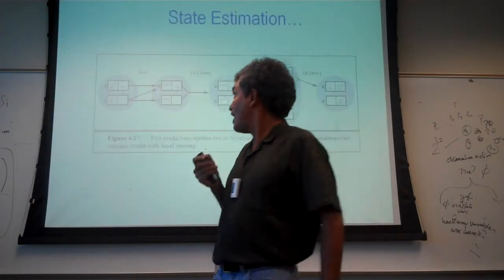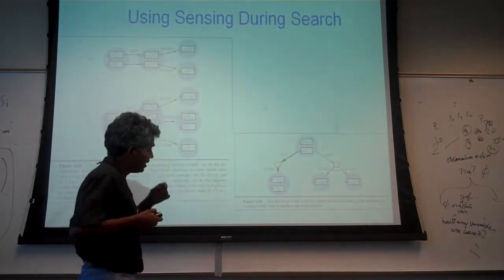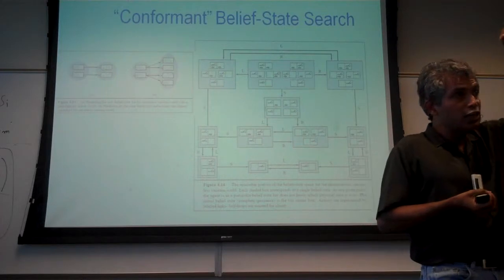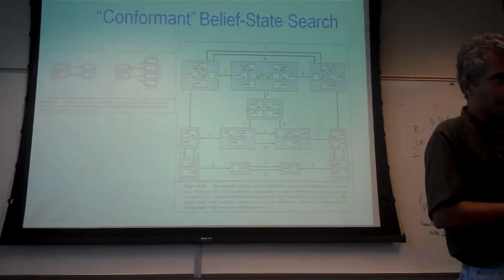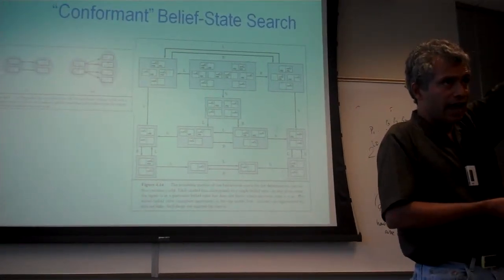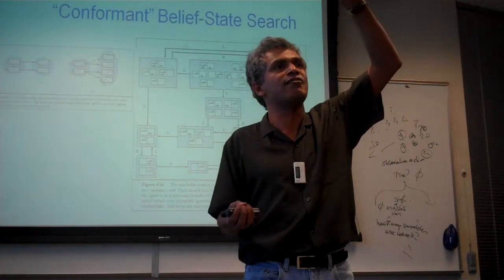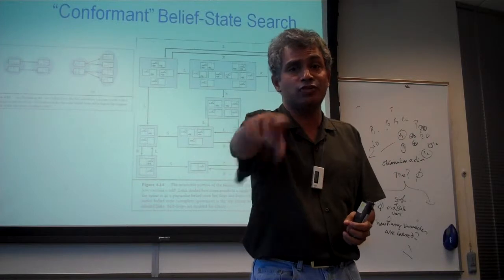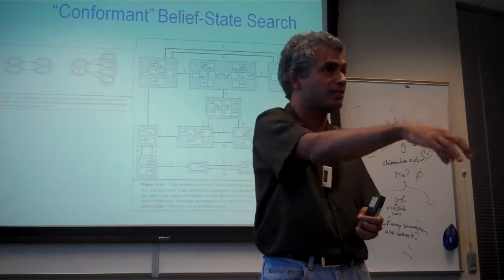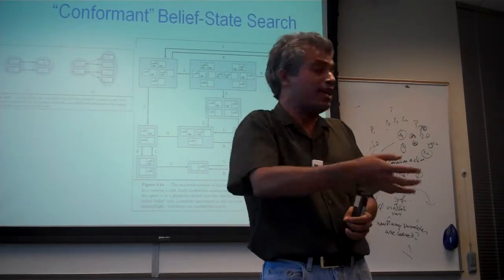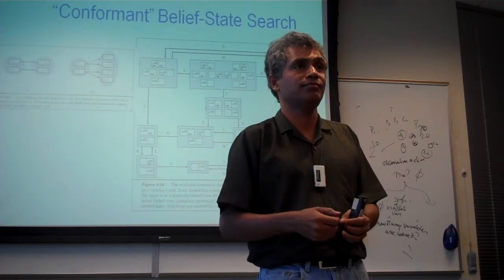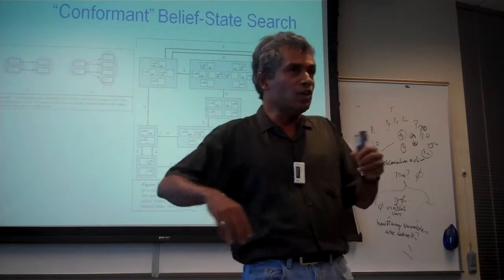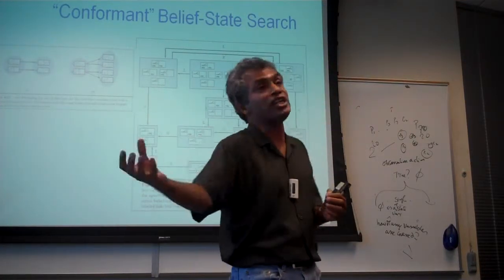In fact, you can, for example, do conformant planning of this kind, either when you start with state uncertainty and have deterministic actions after that. In the bomb in the toilet problem, the actions are deterministic. Let's assume that my hands are not shaking when I'm trying to flush the toilet. So the actions are completely deterministic. The uncertainty is because of the state. And it will only go crazier if my hands also shake.